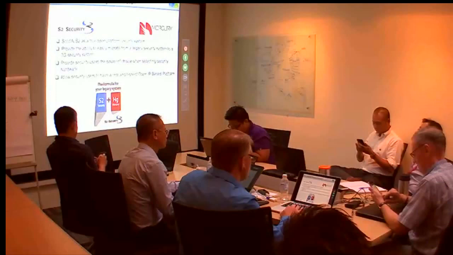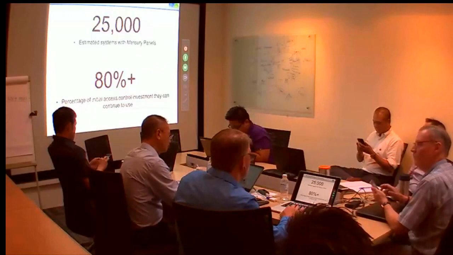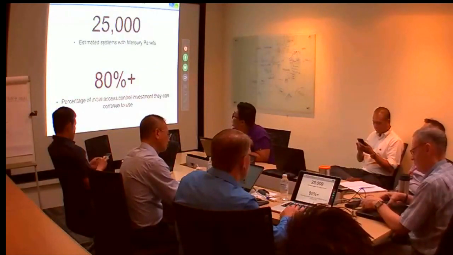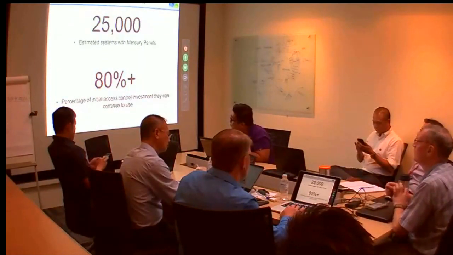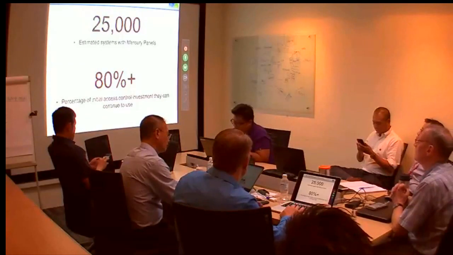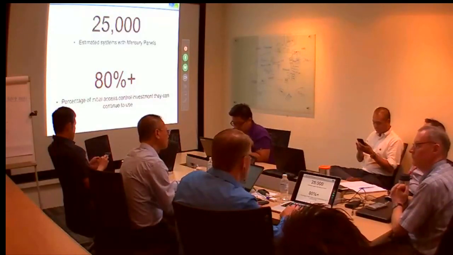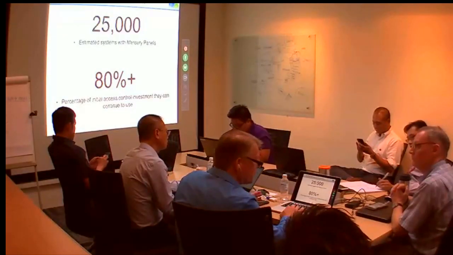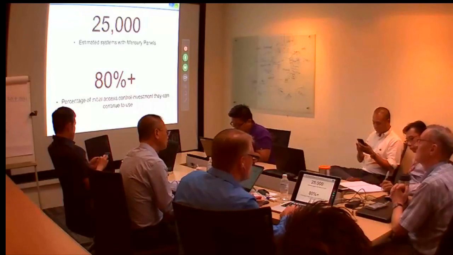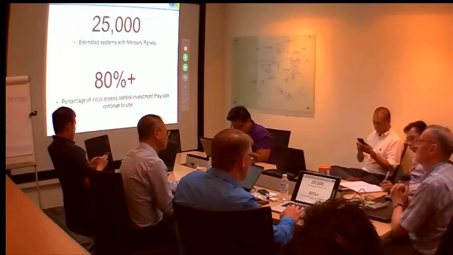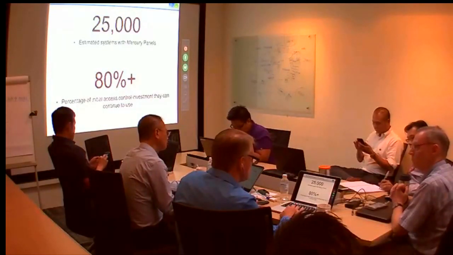So it really is the closest you come to an access control open platform today. There are over 25,000 systems in the marketplace today using Mercury panels. And when you do a migration from Linnell to S2, the customer saves about 80% of their investment, right? So that makes it much easier to design and sell these systems, knowing that.